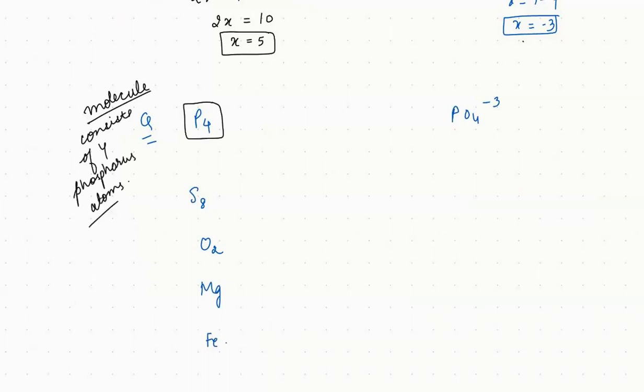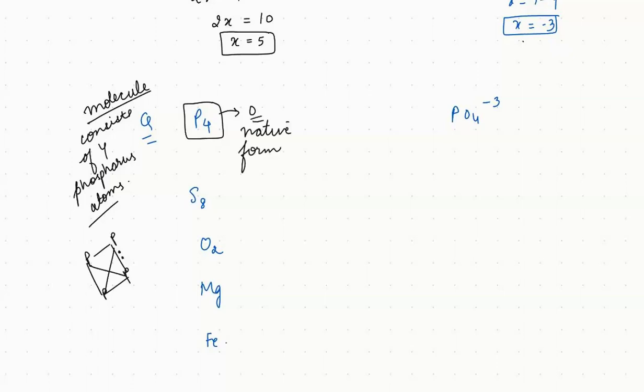When 4 phosphorus atoms are connected to each other, the electrons are shared, so the overall charge will be 0. It is a native form, and in the native form every element acquires a 0 charge.